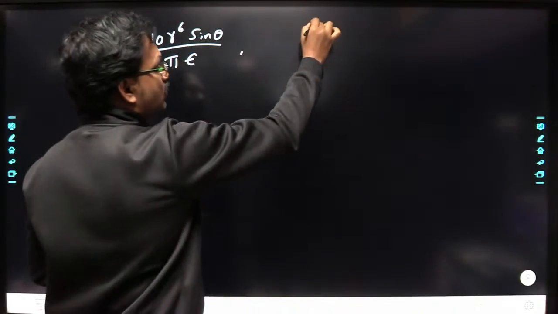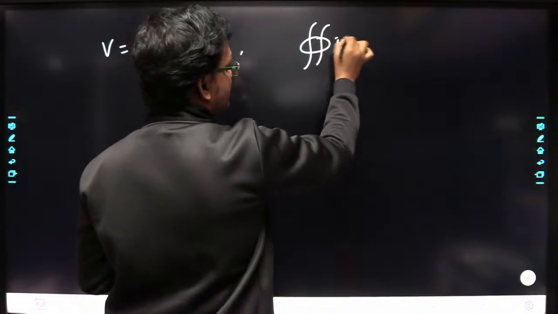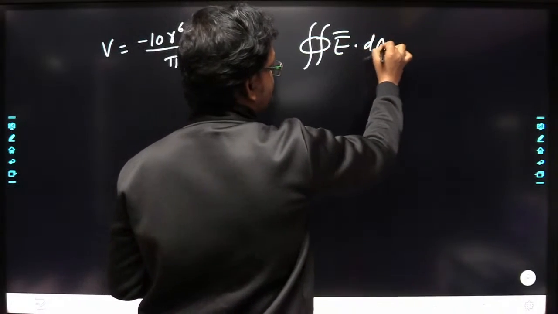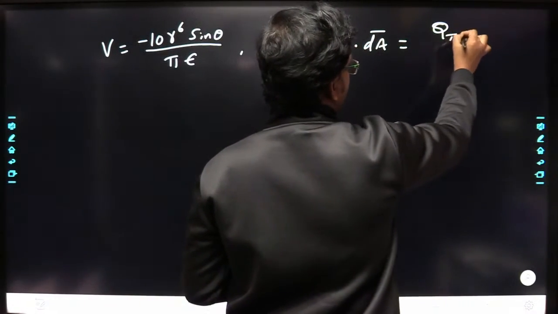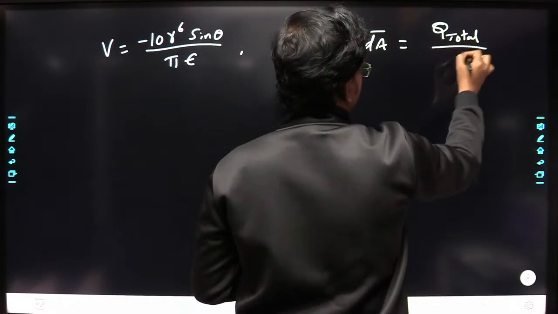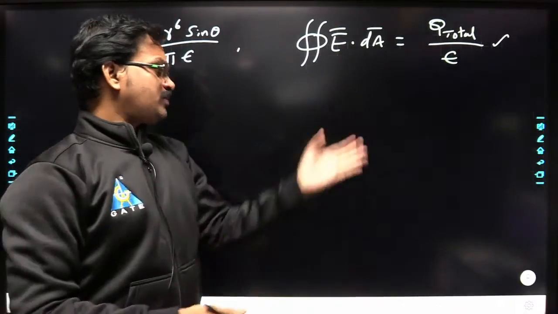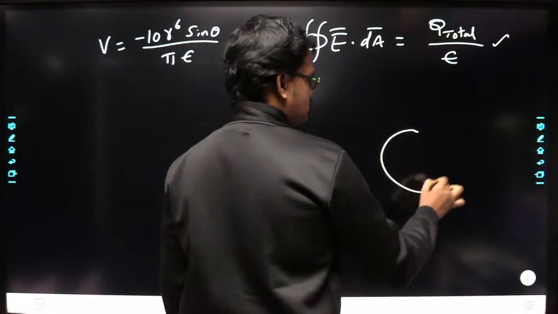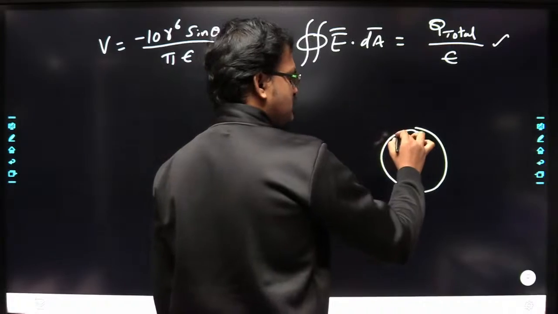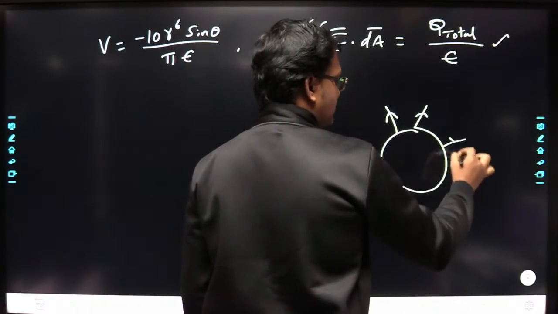From Gauss law we know that the electric flux that is leaving any closed surface must be equal to the total charge enclosed by the closed surface divided by epsilon. Right. So what do you mean by electric flux here? If you consider any closed surface, suppose the electric field lines are leaving this closed surface.